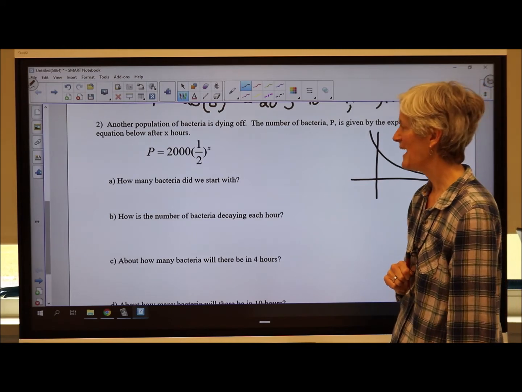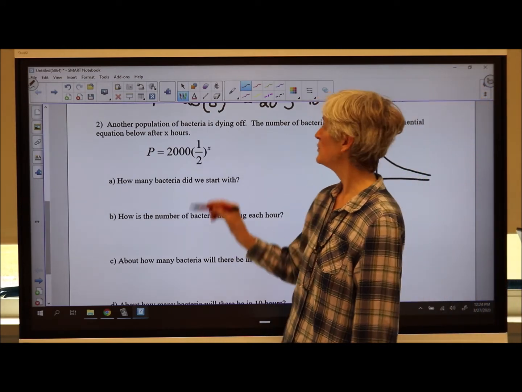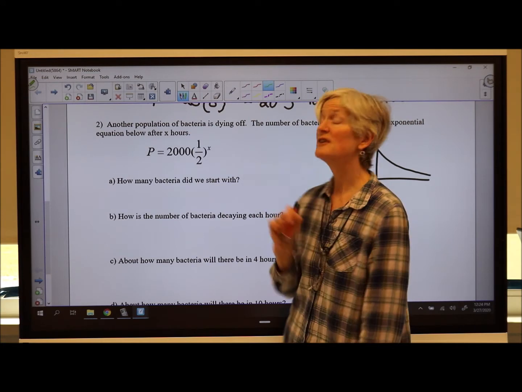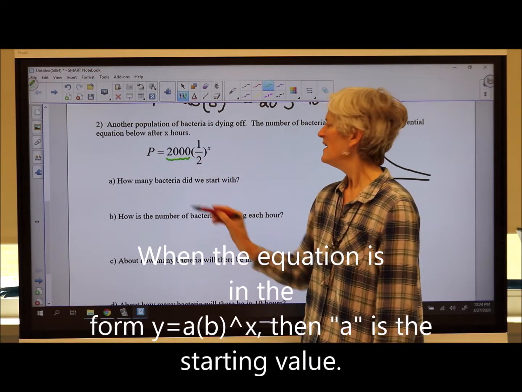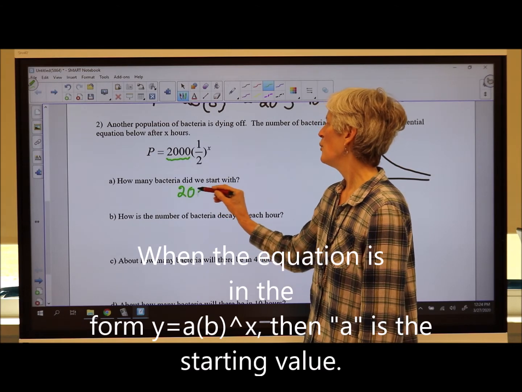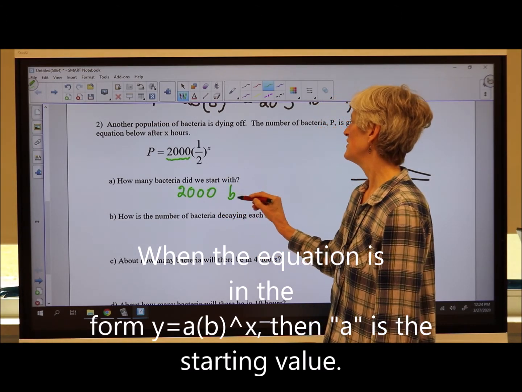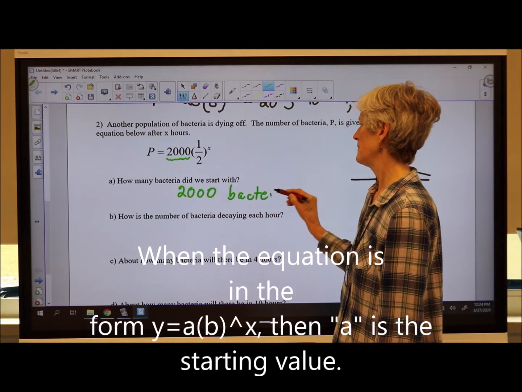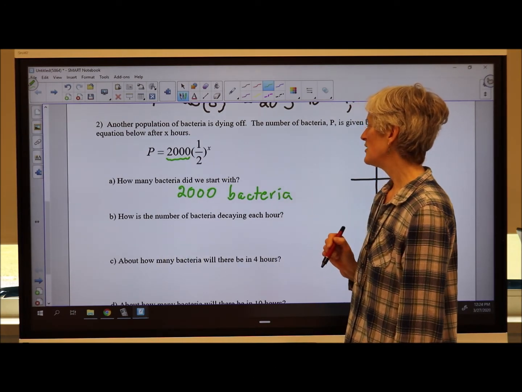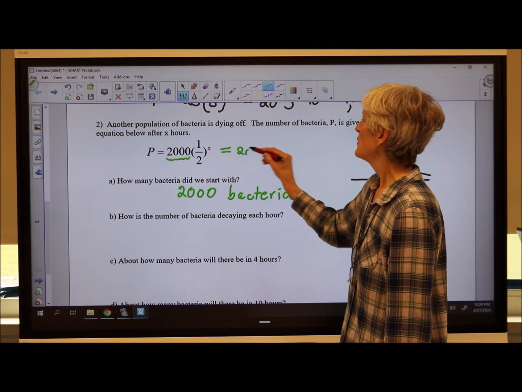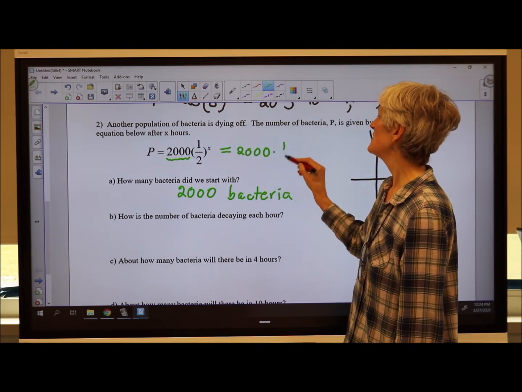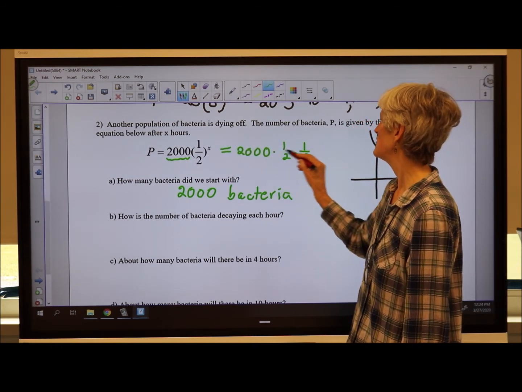Okay, so, exponential decay. How many bacteria do we start with? Well, we could put in a 0 for the x, or we could just realize, oh, that's going to be that number always right there, 2,000 bacteria. How is the number of bacteria decaying each hour? Well, we know this is times 1/2, times 1/2, times 1/2, times 1/2, times 1/2.